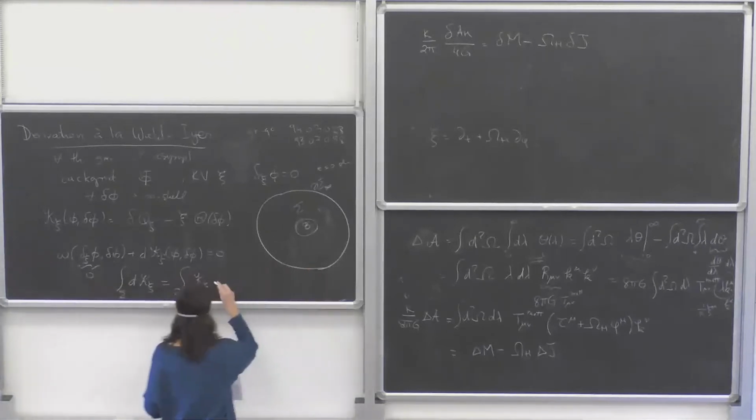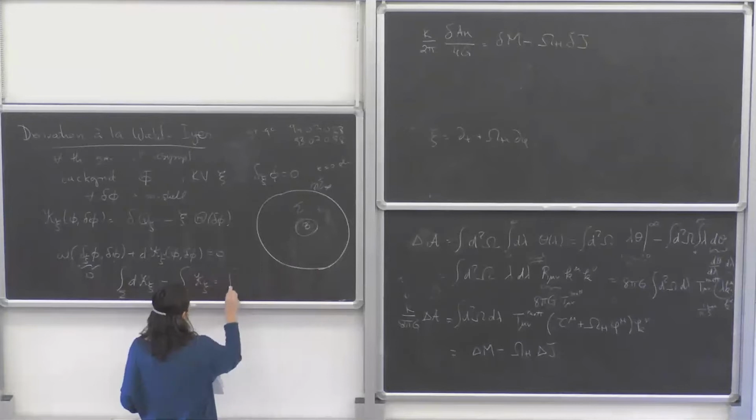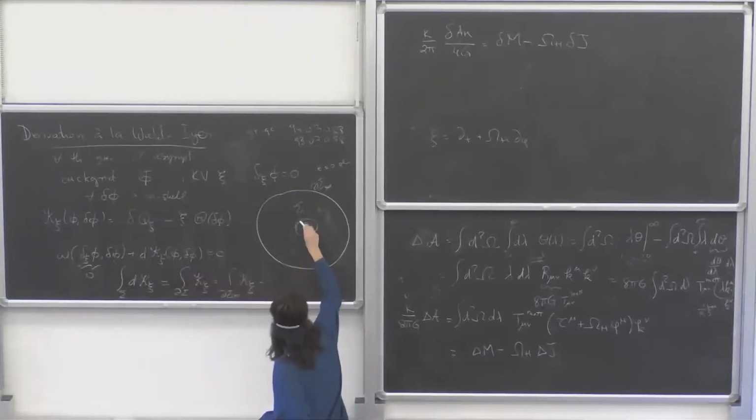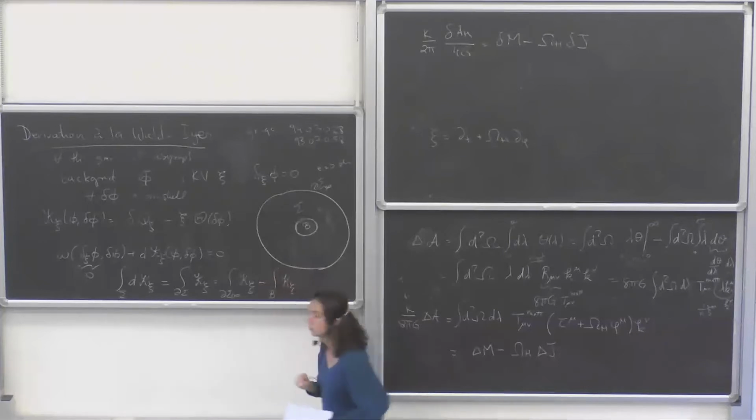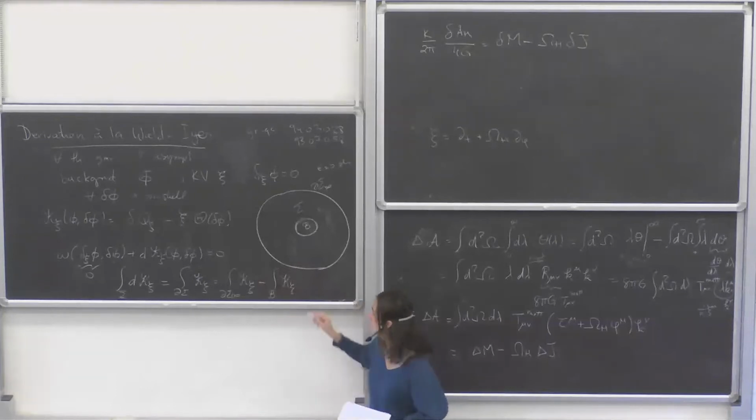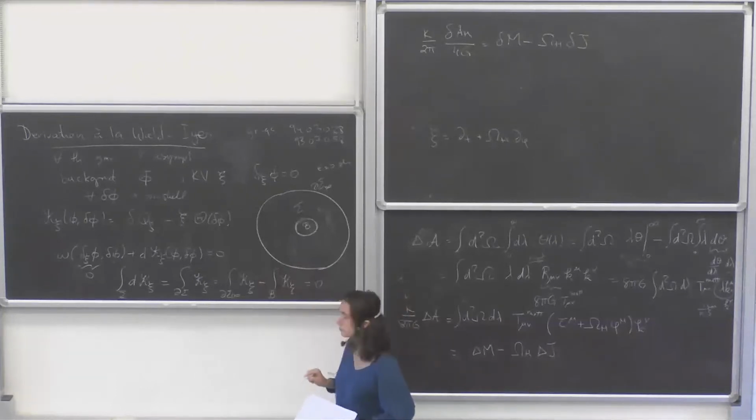There's the piece at infinity, sigma infinity of k_xc. And then there's the piece at the horizon, which I'm evaluating at the bifurcation surface, which comes with a minus sign because of orientation issues. So it's the integral over B of k_c. And this is 0 because dk is 0.